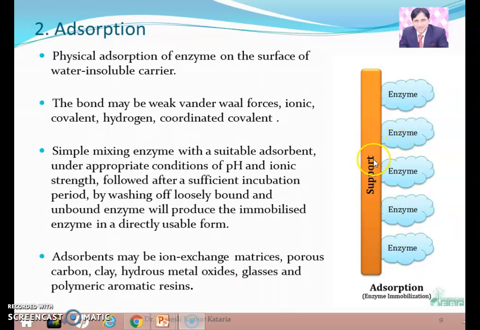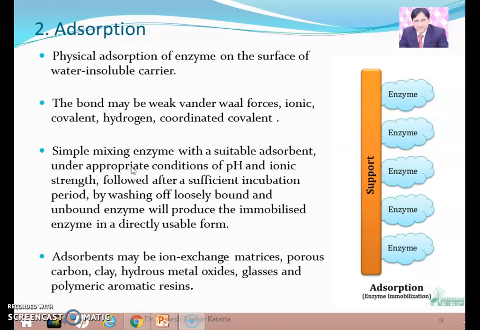Adsorption. This is simple physical adsorption. The enzyme is attached to the support due to van der Waals forces, ionic forces or coordinate bonds. These are weak bonds, unlike the covalent coupling we have studied earlier. Here, there is simple mixing of the enzyme with a suitable adsorbent under appropriate conditions like pH and ionic strength.